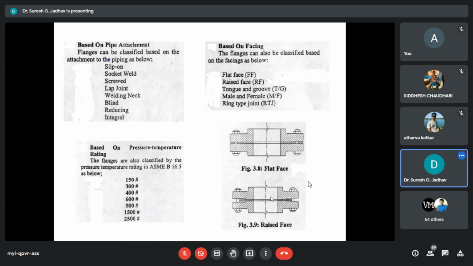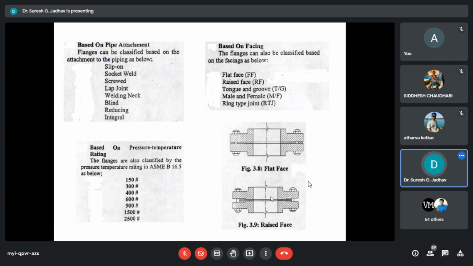So based on piping attachments, we have to use different kinds of flanges. First one is slip-on flanges, socket weld, screwed, lap joint, welding neck, blind, reducing, and integral, based on pipe flanges.